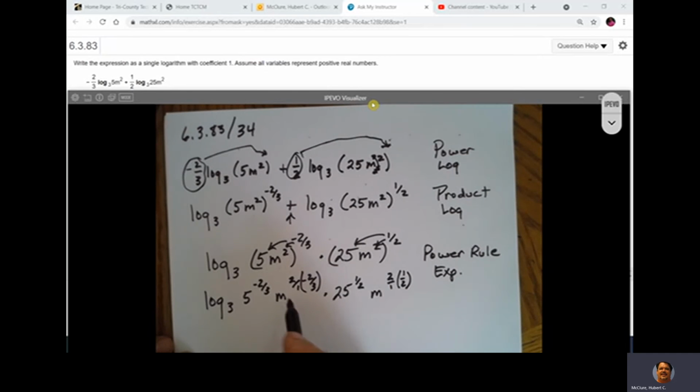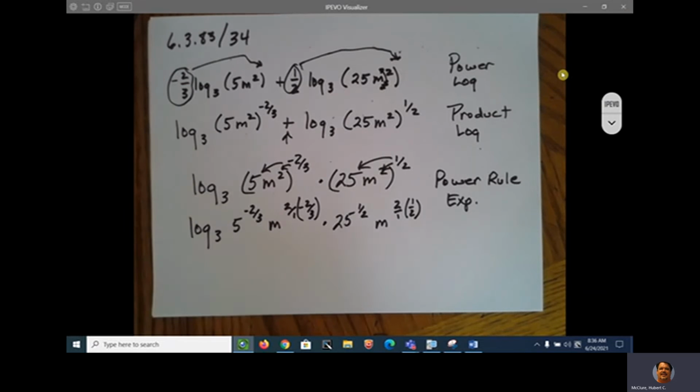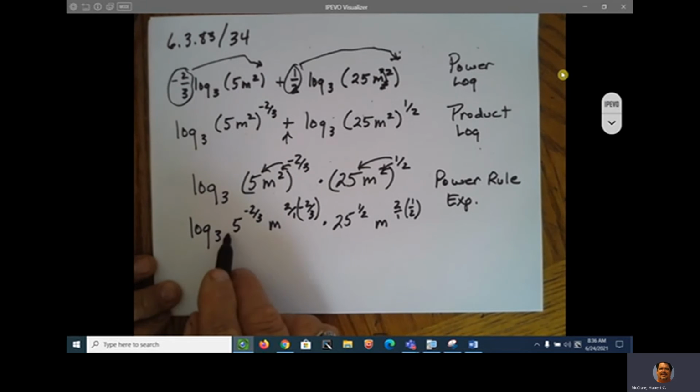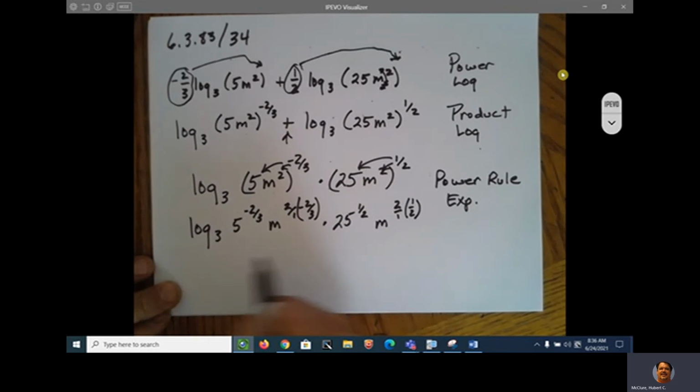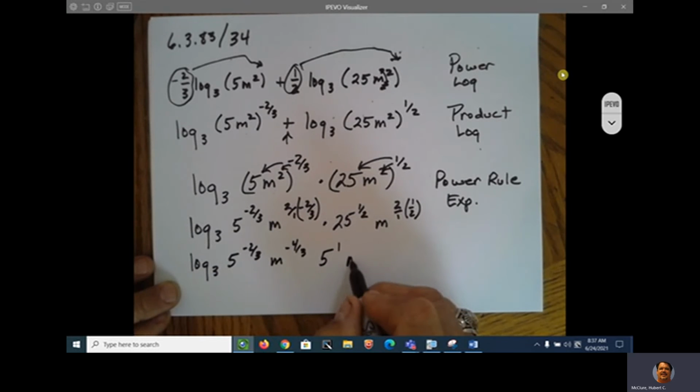Now I put that baby step in there because it's fractions and some people need help with fractions. So I'm going to combine my 5, turn this into a 5. Let's go. Square root of 25 is 5, so log base 3 of 5 to the negative 2/3, m to the negative 4/3, 5 to the 1, m to the 1.